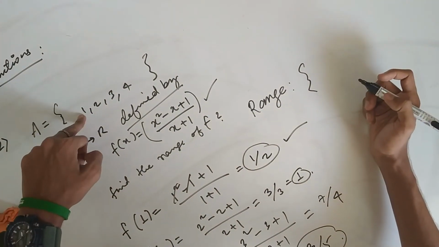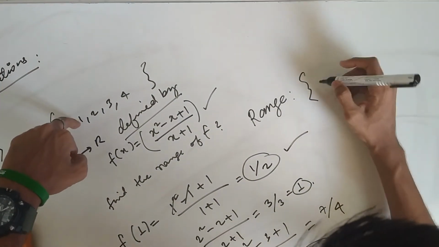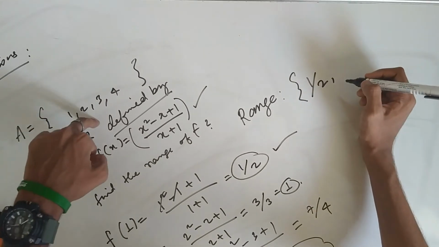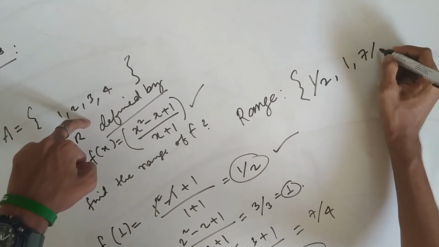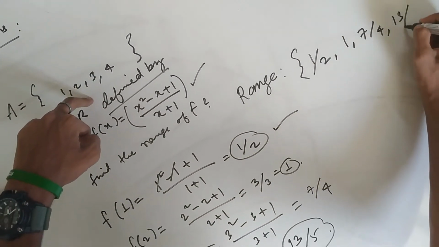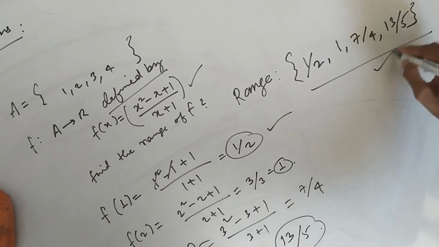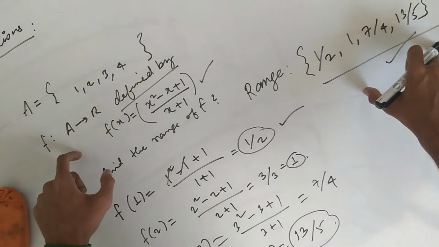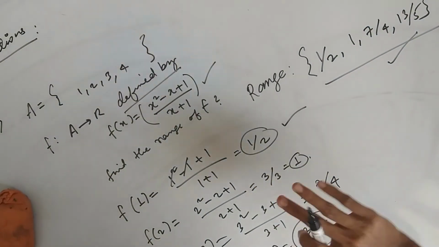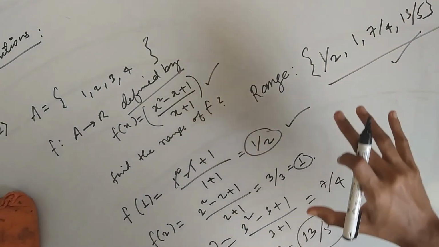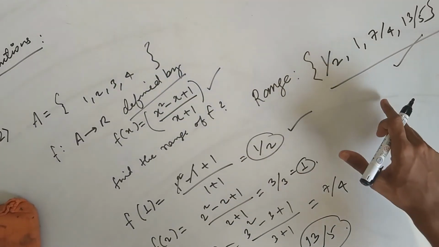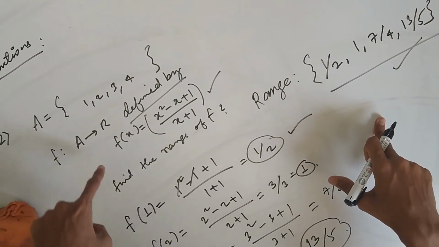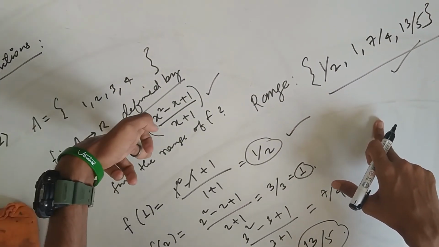So corresponding to the first entry 1 of set A, we got the value 1 by 2. Corresponding to 2, it is 1, then 7 by 4, and 13 by 5. So this set written in roster form is acting as the range for this function. This is the final range which we obtained on substituting these entries in this function.